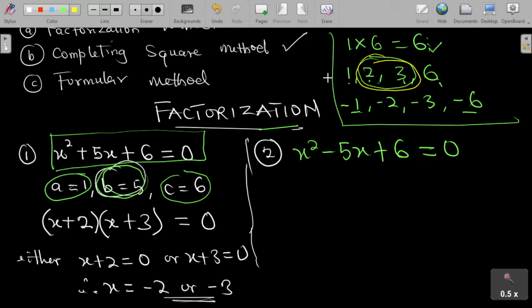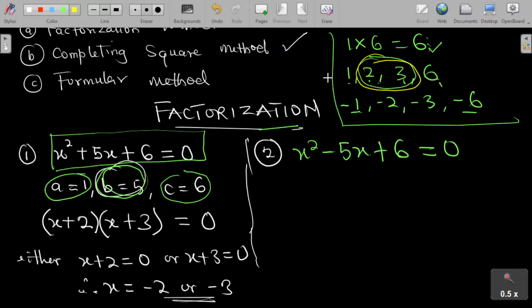Now I have a question. Chidera says, sir, the two products supposed to be -5 and not 5. Which one are you talking about? I'm not sure.